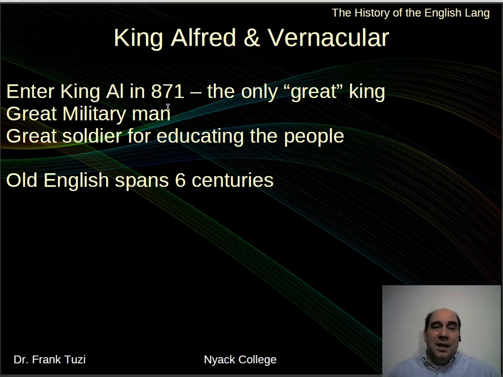All right, about 300 years after Augustine, you have this spread of Christianity, you have the spread of language, you have the spread of Old English into bigger areas, and when King Alfred is king of the Kents, there is a war, and during the war, the Vikings try to take over.